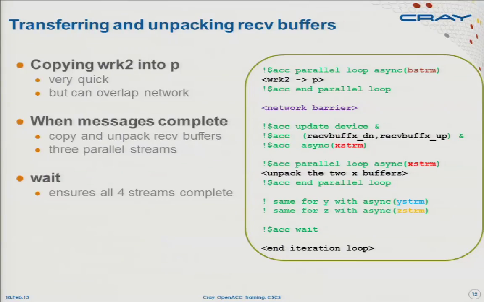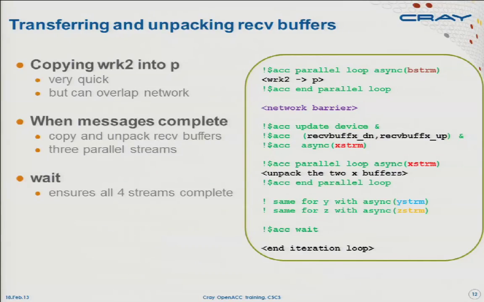At that point, I could already have started launching the copy of the bulk back into P, and I'd just give it another handle, another stream. And then when I come down here, I've got a network barrier, at which point I know that those send buffers that I sent before have been received. So now I have separate streams to send the receive buffers to the GPU, and then little kernels that will unpack those buffers back into the main data array.